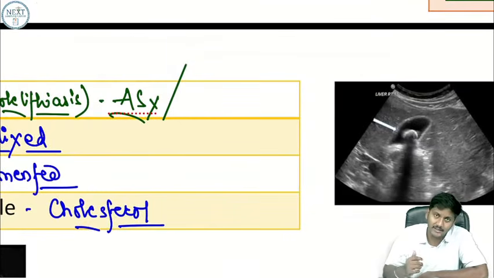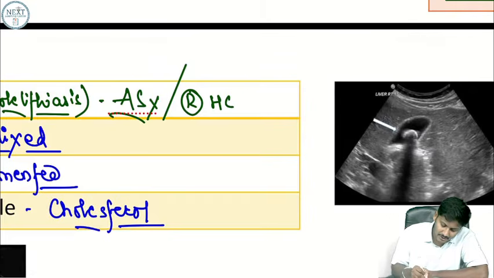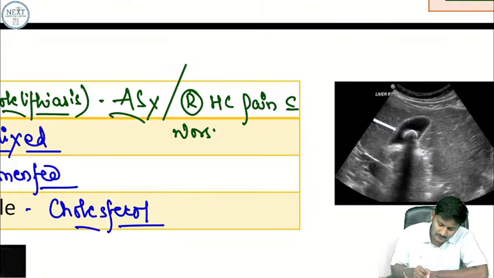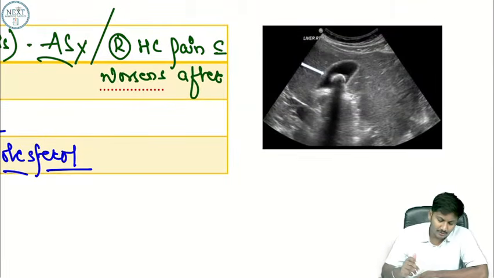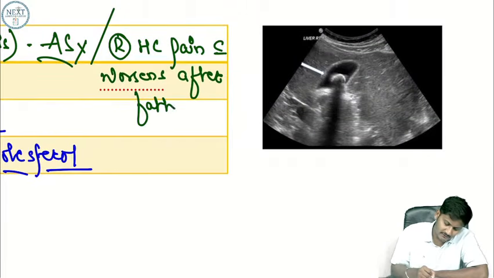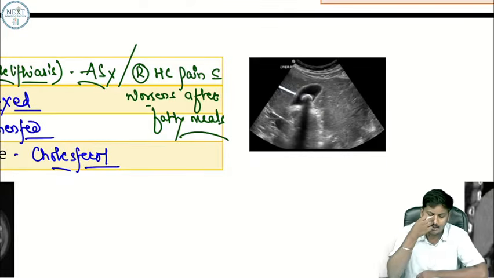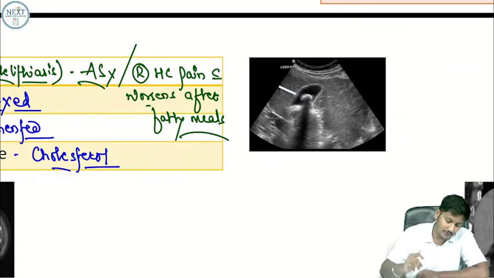So right hypochondrium pain worsens after fatty meals. That is a very classical presentation of gallstones or cholelithiasis.